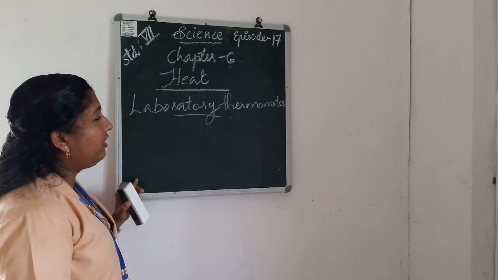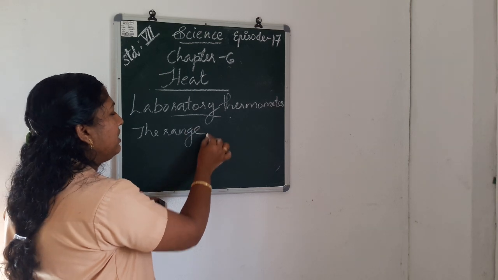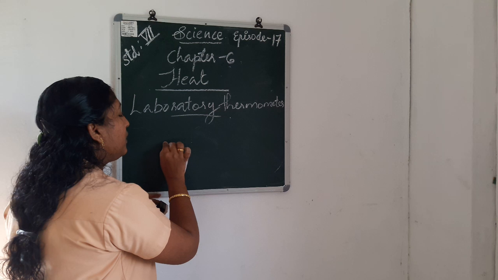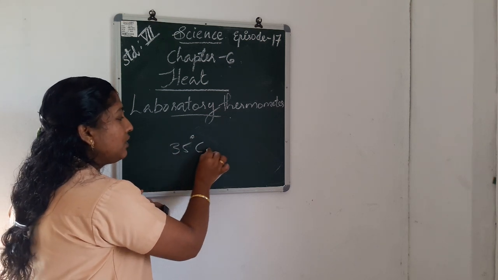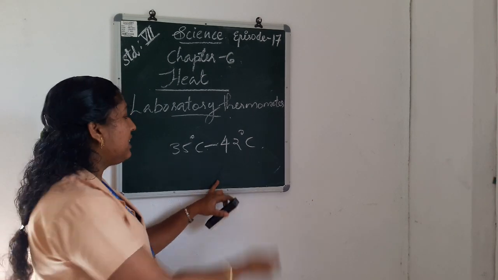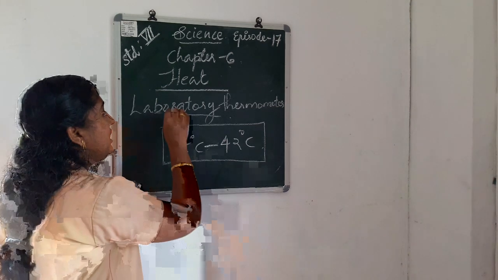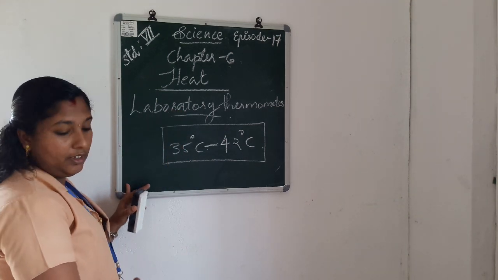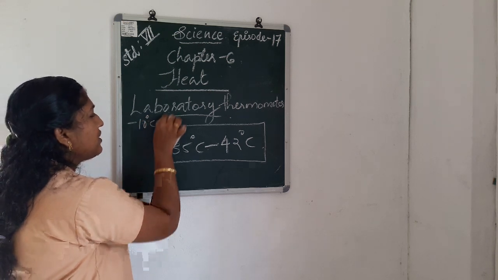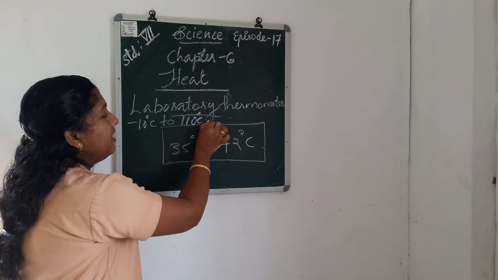The range of a clinical thermometer is 35 degrees Celsius to 42 degrees Celsius. In the laboratory thermometer, the range is minus 10 degrees Celsius to 110 degrees Celsius.